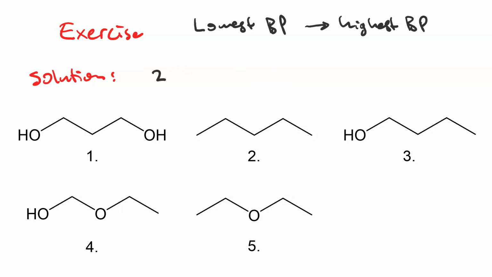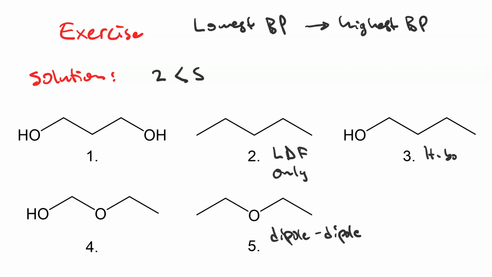Number 2 is lowest because it has LDF only. Next is number 5 because it has dipole-dipole. Number 3 is next because it's capable of participating in one hydrogen bond as a donor or an acceptor. Then number 4 because it's got dipole-dipole and hydrogen bonding.